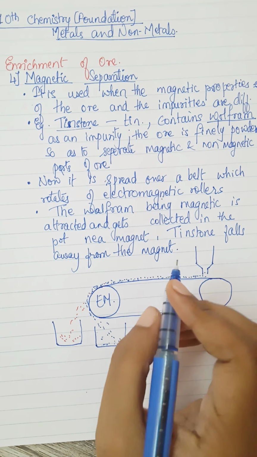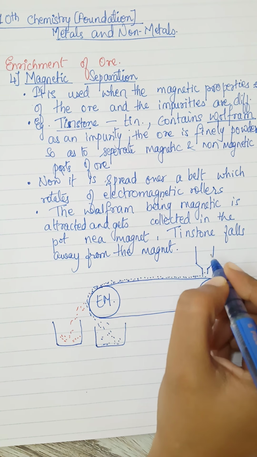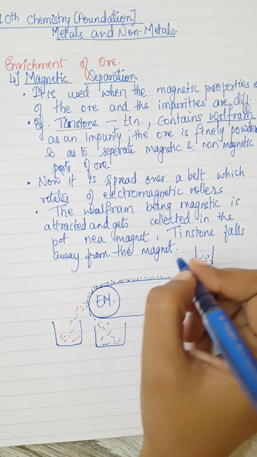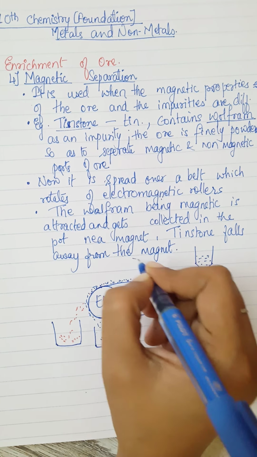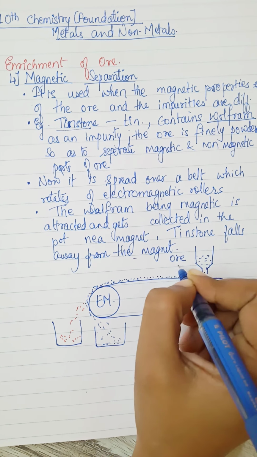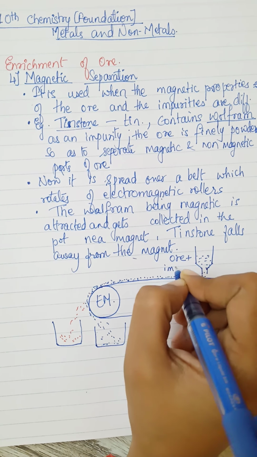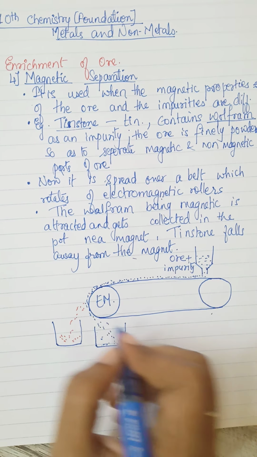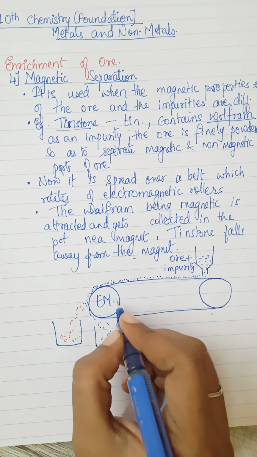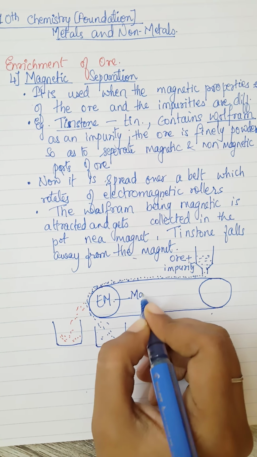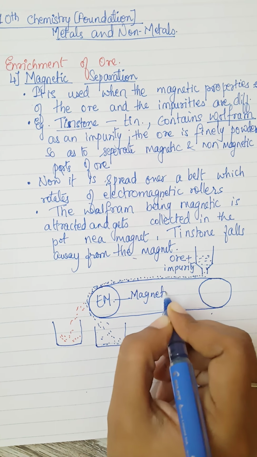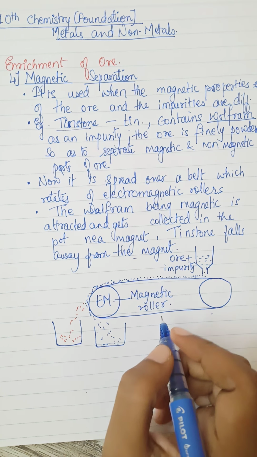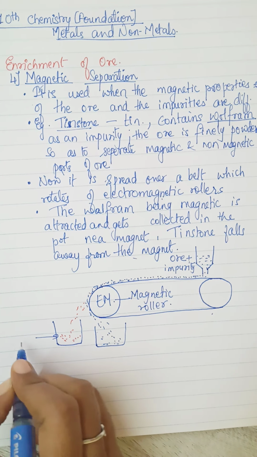So we'll write over here कि this is your ore plus impurity. ठीक है, then this is a magnetic roller, as I told you. ठीक है, this may be your ore.